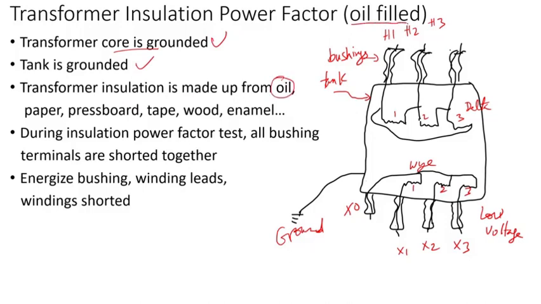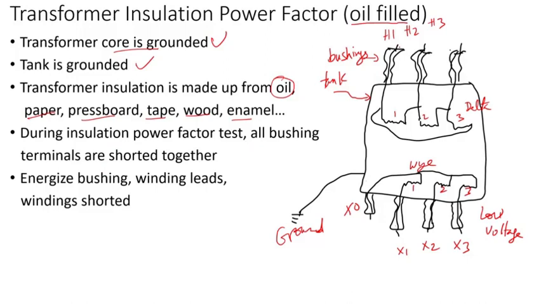I'm only talking about oil filled here for simplicity. You have paper inside, you have pressboard, tape, wood, enamel on the conductors. So there are so many types of insulation, and all that is required for insulation purposes.